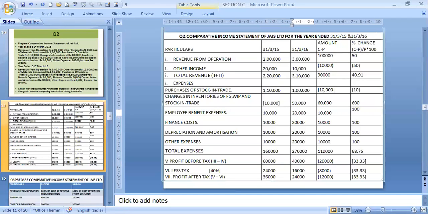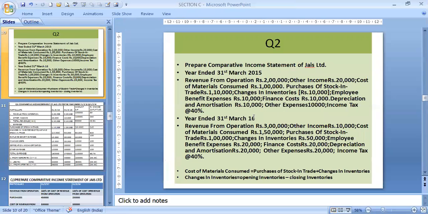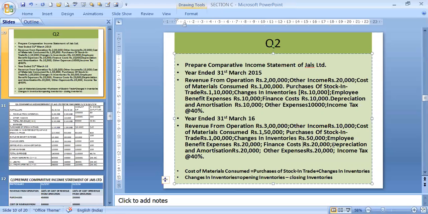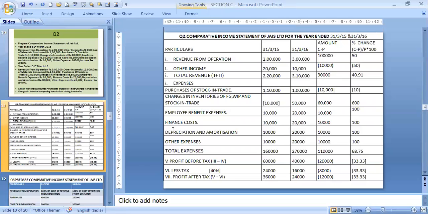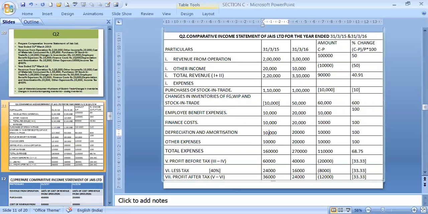After that, we have the next item, which is finance cost. That is also 10,000 in 2015 and 20,000 in 2016. Please see, finance cost 10,000 over here and 20,000 over here. Then there is depreciation and amortization. This is also an indirect expense, and it is also 10,000 and 20,000 in 2016.